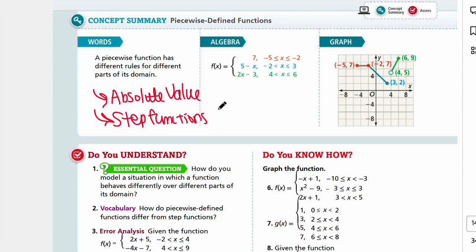Okay, so there are a lot of different kinds of piecewise defined functions, and they could look very odd, but as long as your domain has one value of output, then it is a function. Okay, so your function notation will look something like this, and a graph may look like this.